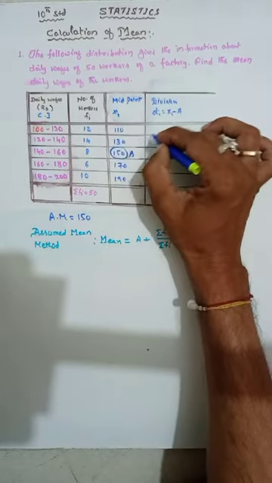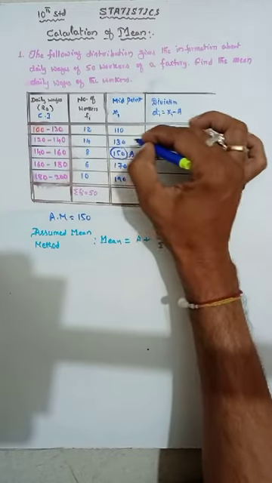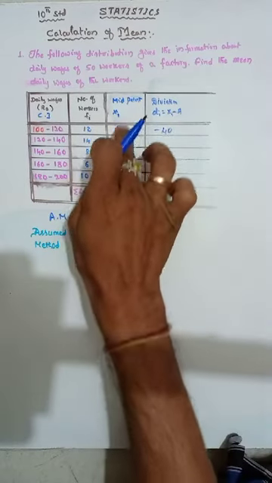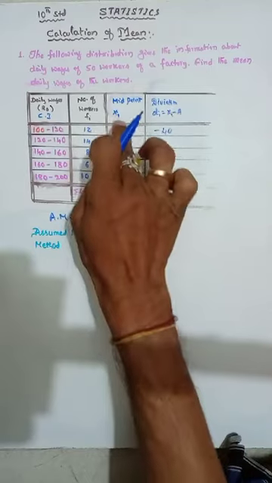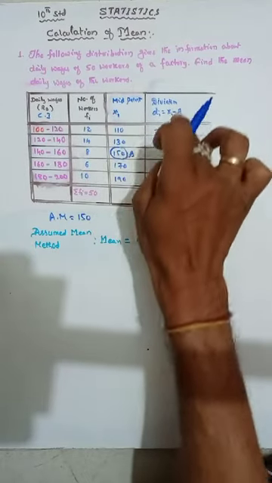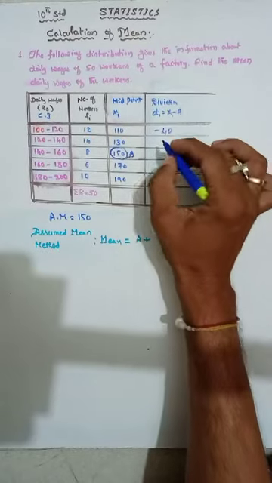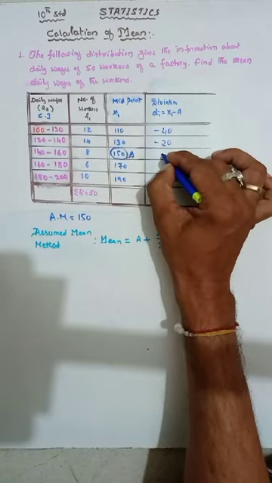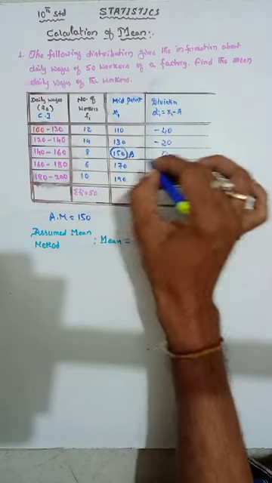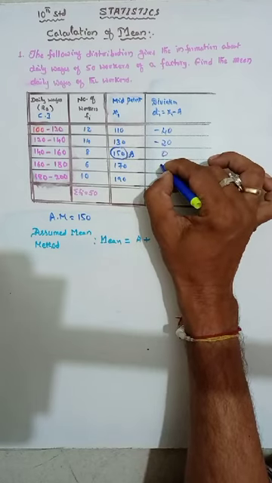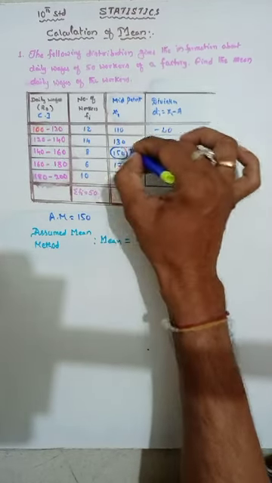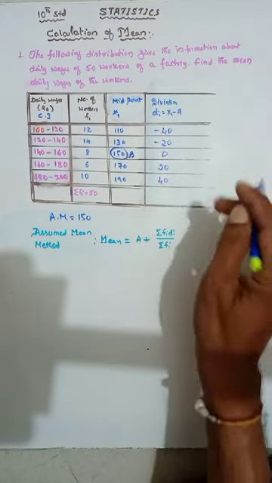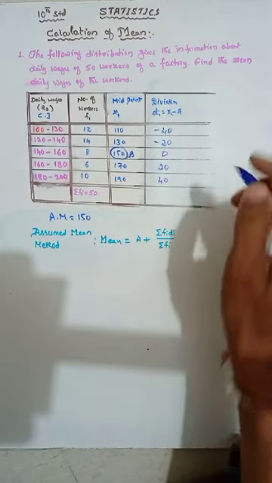So 110 minus 150 gives a deviation of minus 40, 130 minus 150 is minus 20, 150 minus 150 is 0, 170 minus 150 is 20, and 190 minus 150 is 40. We have calculated the deviations.